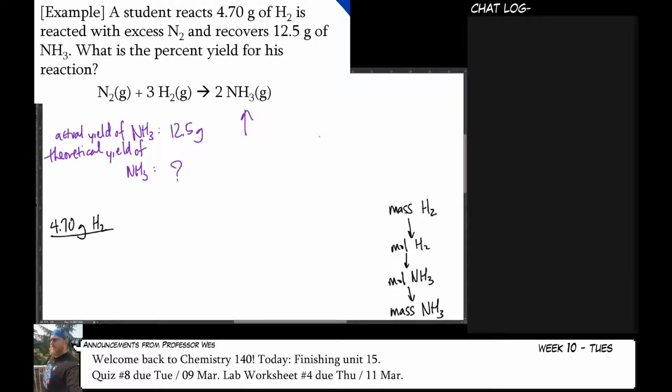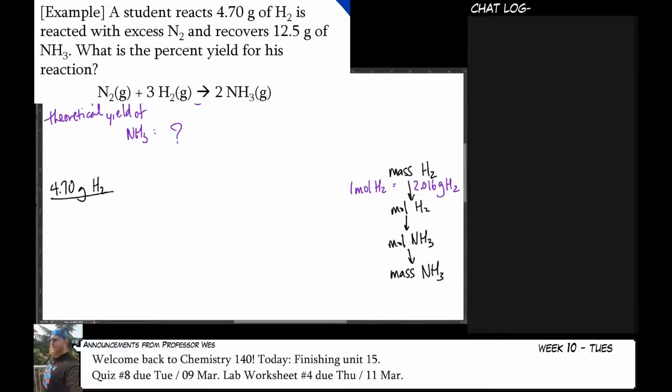Okay, so let's look up masses in moles. What is the mass of 1 mole of H2? Well, if we go to Lenntech, or grab a periodic table, and I'll type in H2. So 1 mole H2 is equal to 2.016 grams H2. And I have the page on screen right now, so I might as well use it.